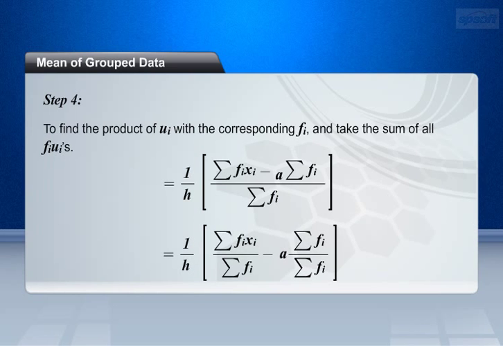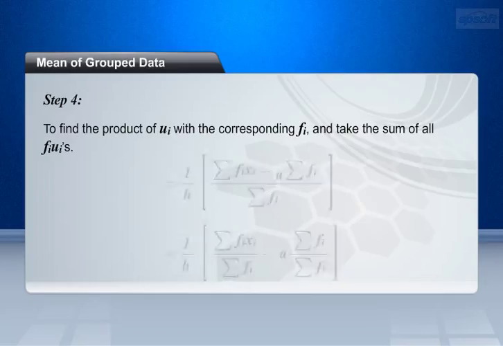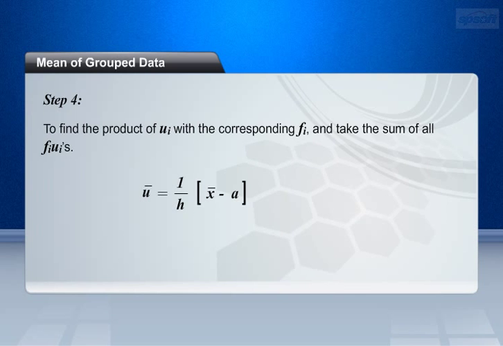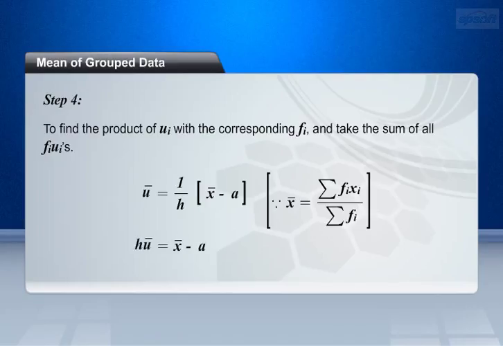This is equal to 1 by h into (sigma fi xi by sigma fi minus A into sigma fi by sigma fi). This implies that u bar equals 1 by h into (x bar minus A), since x bar equals sigma fi xi by sigma fi. h into u bar equals x bar minus A.